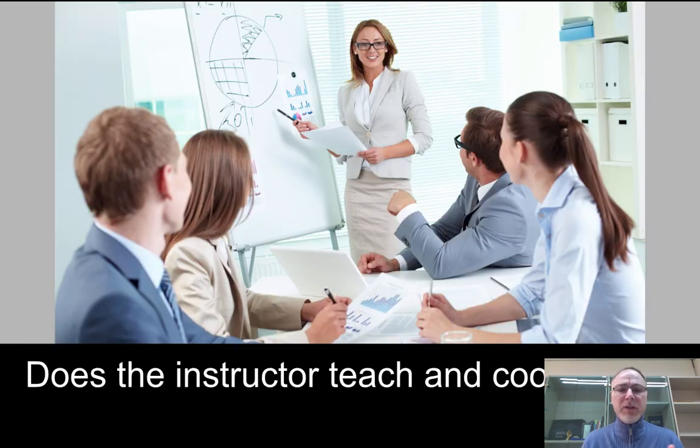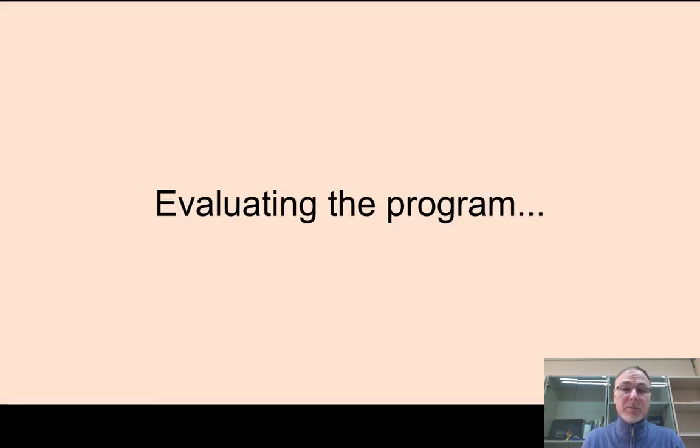There are times when the trainer or the instructor coordinates it, and there are times when there's an external coordinator that also takes that responsibility, and so the instructor focuses exclusively on teaching and training and student learning. So that's a question for your organization to consider as well.